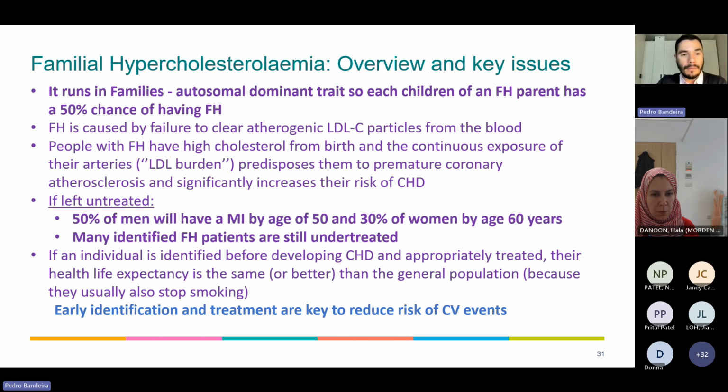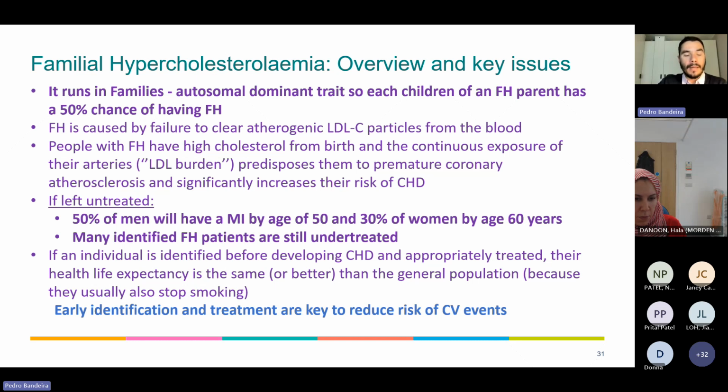So those patients have a high LDL burden over years, and it's important to screen for these patients in primary care, because the earlier we identify those patients, the earlier they can be treated to prevent progression of coronary atherosclerosis.